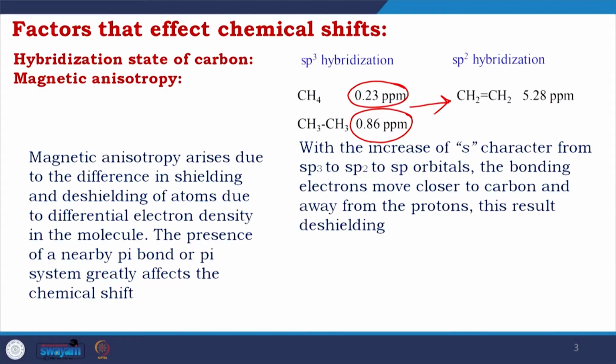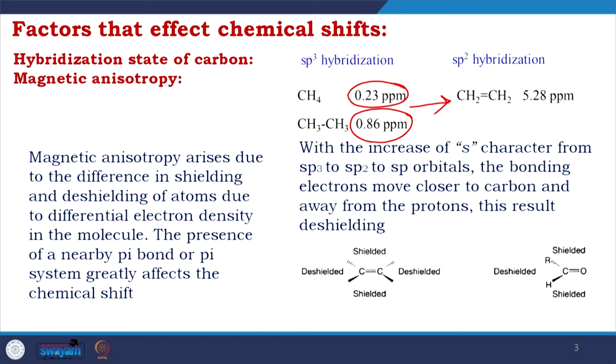Because of the deshielding, the chemical shift is enhanced. Magnetic anisotropy, as we have discussed before, arises due to the difference in shielding and deshielding of atoms due to differential electron density in the molecule. The presence of a nearby pi bond or pi system greatly affects the chemical shift; that is called magnetic anisotropy.